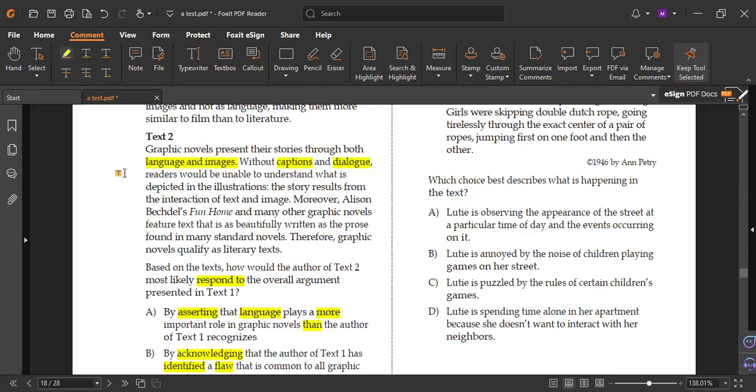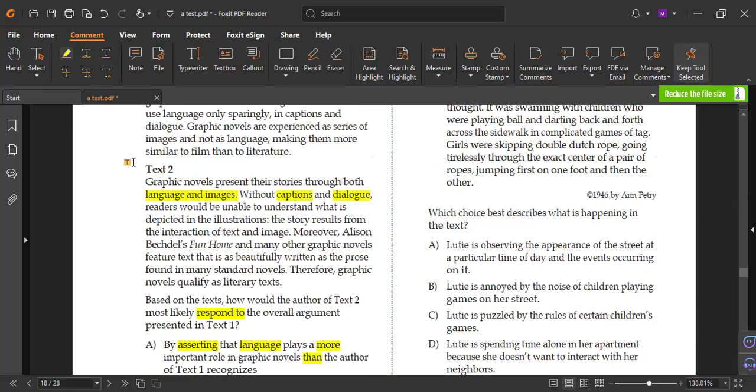So he focused on language being very important in these novels. You found it? Yes, and then he gives you an example, as beautiful as the prose found in many standard novels. So graphic novels qualify as literary. The author of text 2 proves that this kind of graphic novel already qualifies as literary text, not images only.